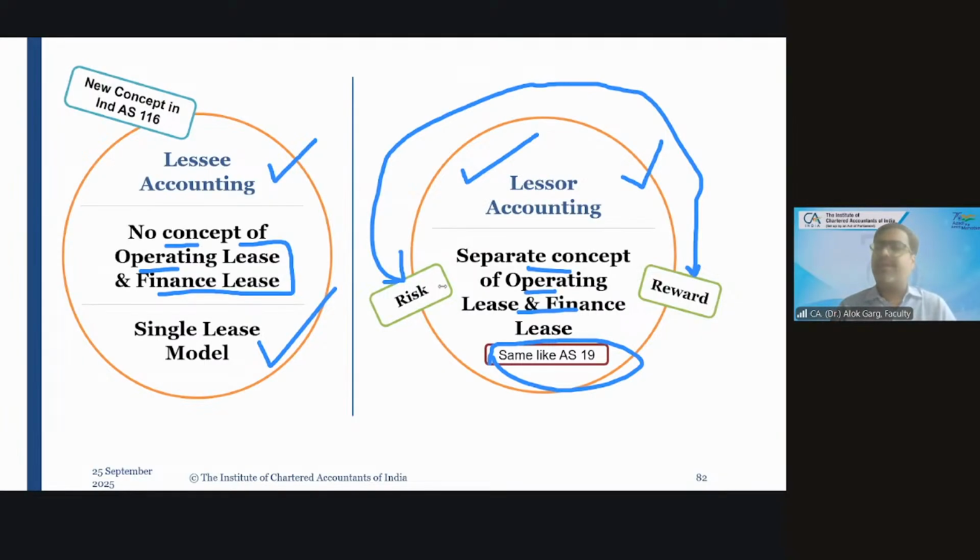For example, sitting today, Ayush, you are paying a lease rent of 1 lakh rupees in the current year, 1 lakh rupees in the next year, the same lease rental every year. So tell me, when you are computing the right of use and lease liability calculation under Ind AS 116 accounting, your lease rental is the same, but will your expense in P&L be the same?